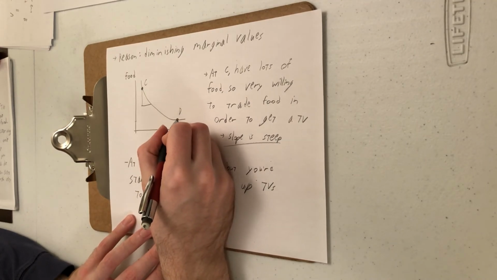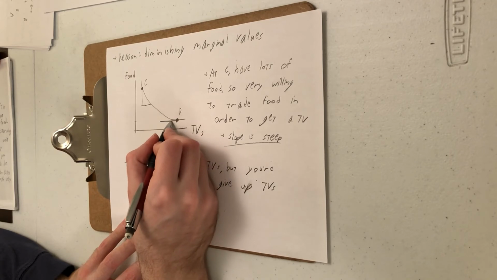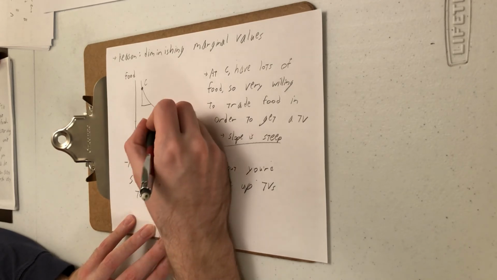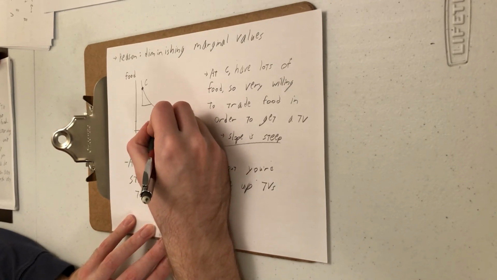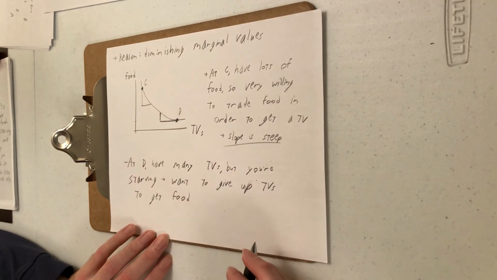So you're willing to give up a lot of TVs. This would be like a lot of TVs you're giving up, even for just a little bit more food, just that much food, then the slope is going to be flatter.